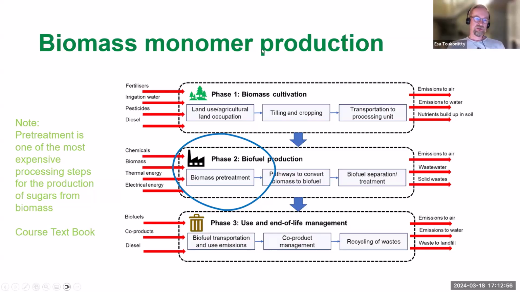So now we are starting with these pre-treatment steps, and there is a lot of information in the literature about biomass pre-treatment, depending on the area. But a lot of this knowledge of pre-treatment comes from the pulp and paper industry.